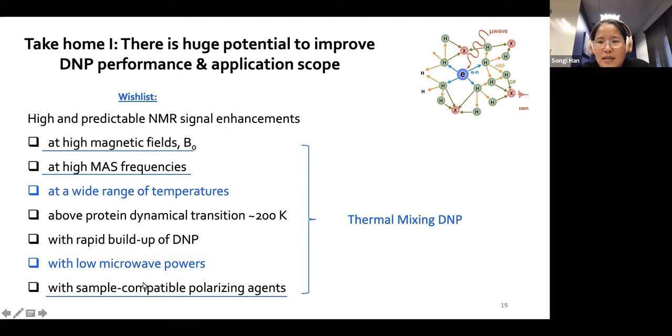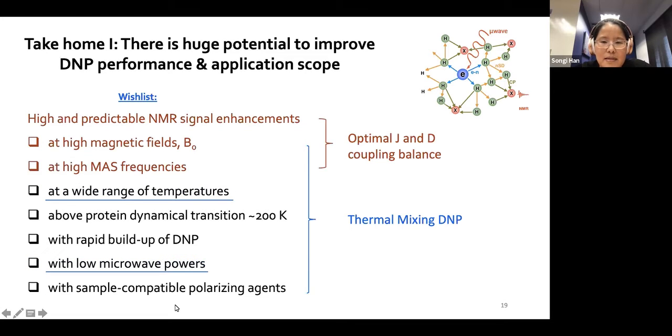Once we know what the design principle is, other kinds of polarizing agent can be developed. Second, I did show you the balance between J coupling and dipolar coupling is very important. And that is really also what made high magnetic field and high magic angle spinning DNP very probable. So, in fact, both conditions can be combined. So there is exciting development ahead of us.